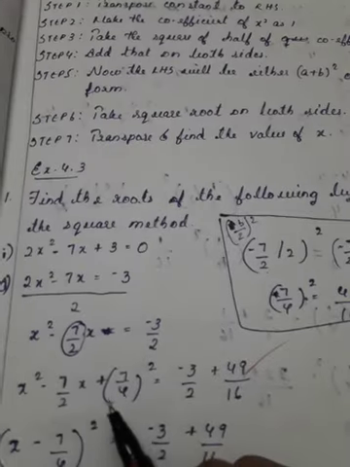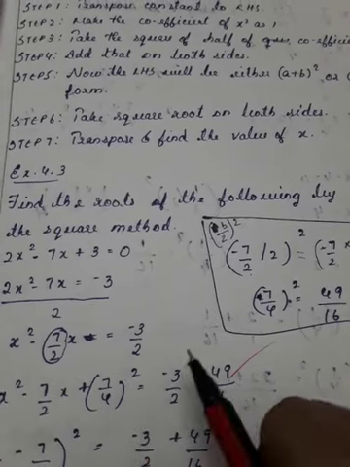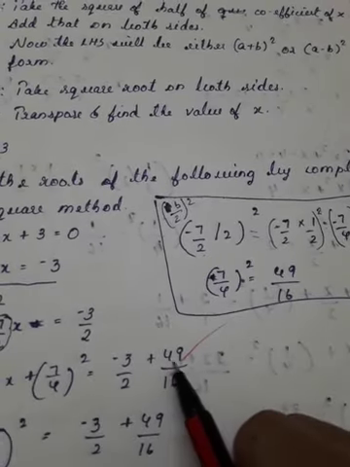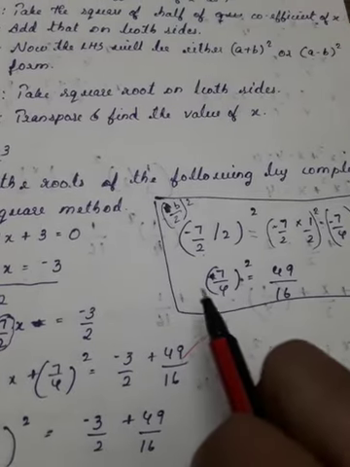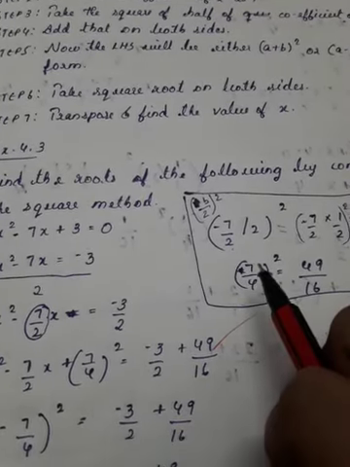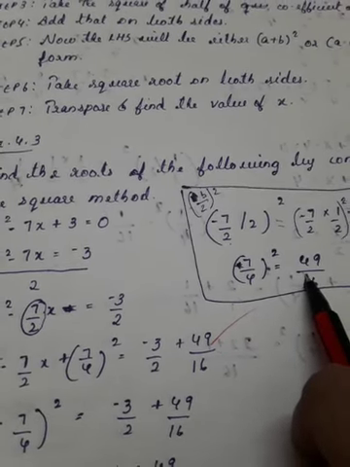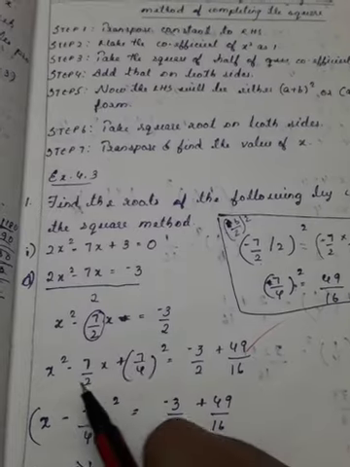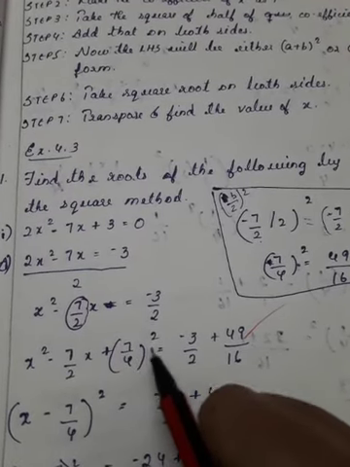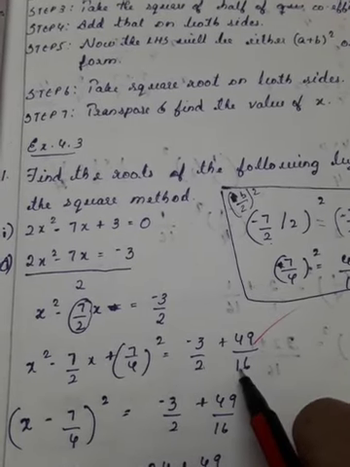On the left side we add this (7/4)² in squared form, and on the right side we add the answer. Now we get x² − 7/2 x + (7/4)² = −3/2 + 49/16.